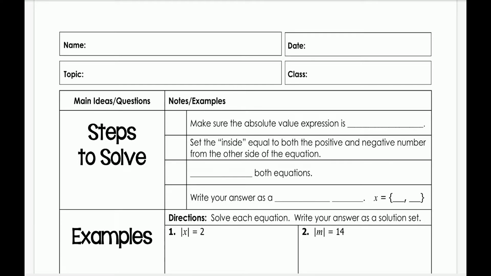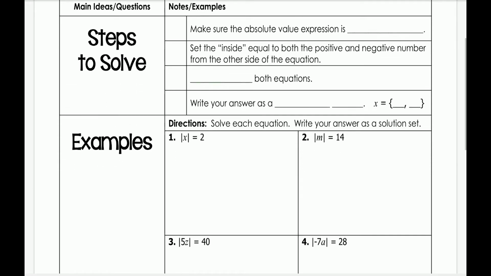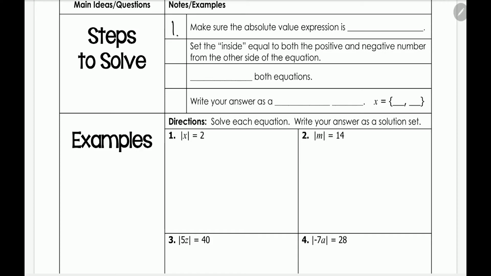So whenever we start solving these, we're going to have 4 steps. The first step is to ensure that the absolute value expression is isolated. The second one is to set the inside equal to both the positive and negative number from the other side of the equation.